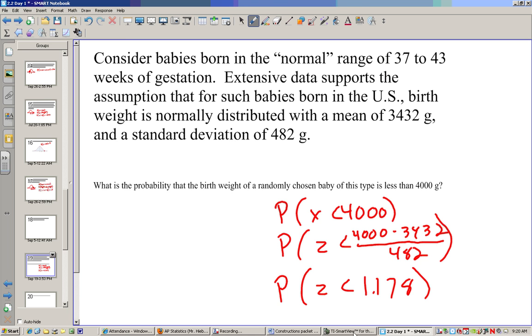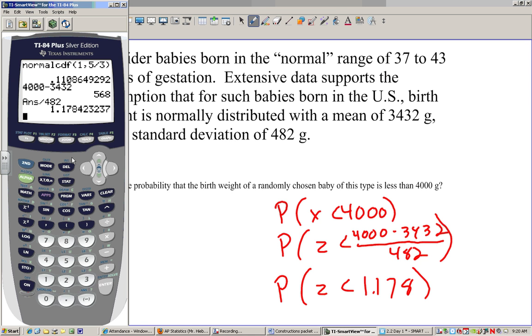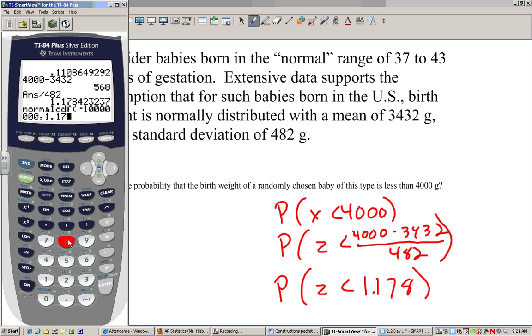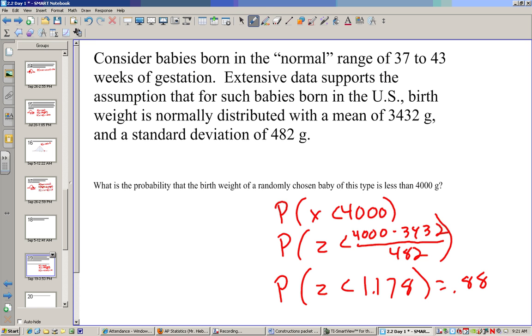So the probability that my z is less than that, I'm going to do a normal CDF from negative 1,000, or big number, all the way up to 1.178, and that's 0.88, so about 88%.